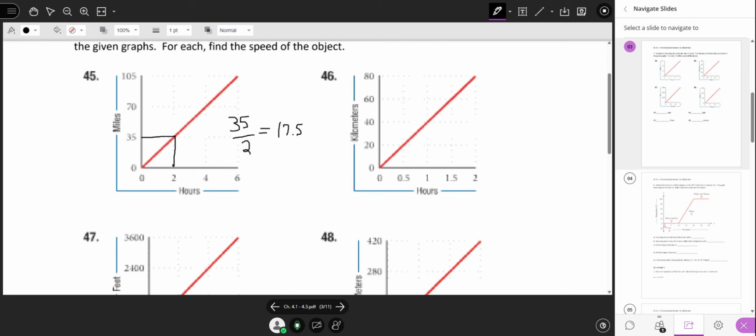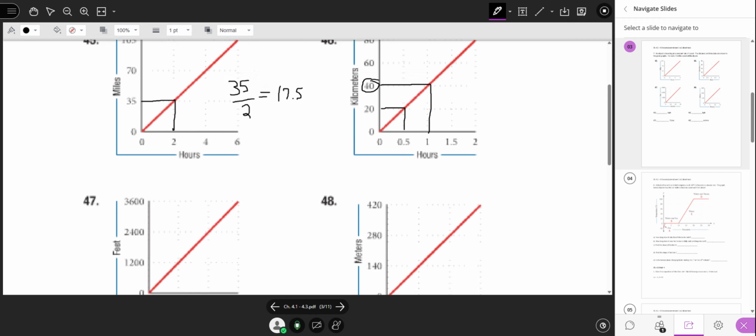Okay? Here, you could use that one. I don't like dividing by a decimal, especially if I could divide by 1. 40 divided by 1 is 40. I like that one.